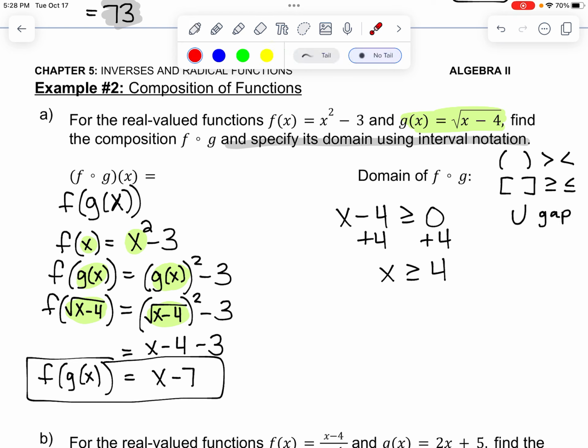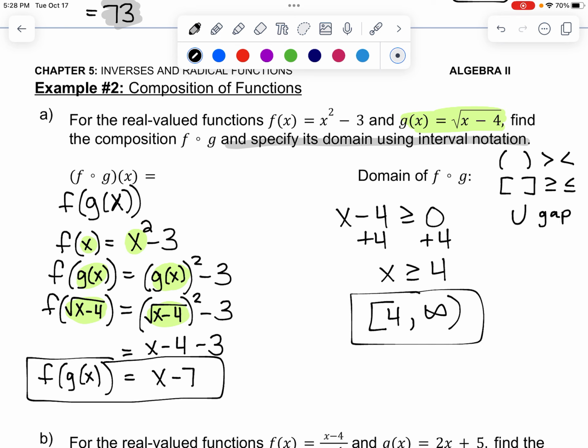Here, we're just going to be starting our x values at 4, and they're going to be getting bigger. So 4 is included, so we put a bracket, and it's going to go to infinity because the numbers are just going to keep getting bigger. And then you put a parenthesis with infinity always. So this is its domain. Okay. You would write that.